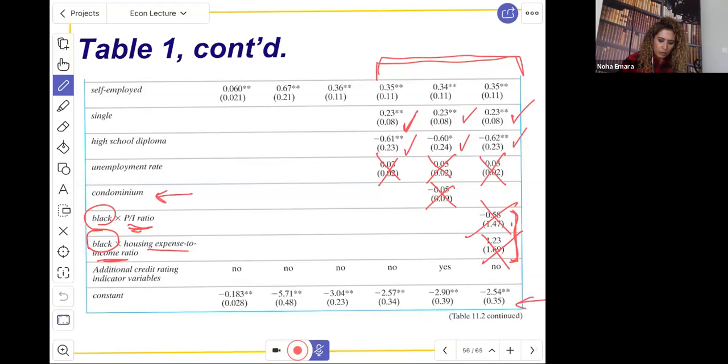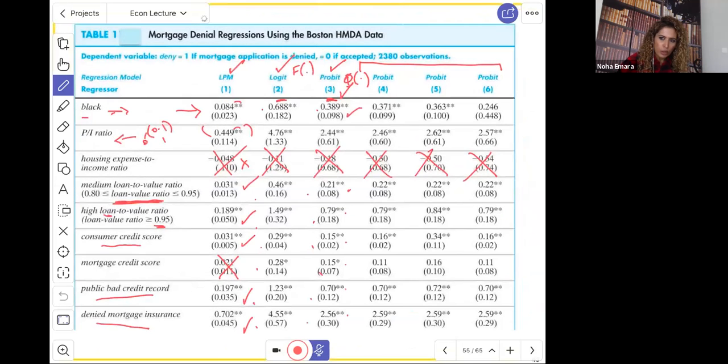This is the intercept, okay? Additional credit rating indicators, they were not added. Here they were added, yes or no, and you're doing a sensitivity analysis, you keep throwing in some regressors and see how your model performs. And the most important thing is when you keep on doing sensitivity analysis, you check that your main model is statistically significant.